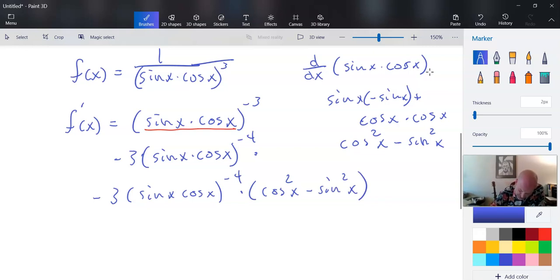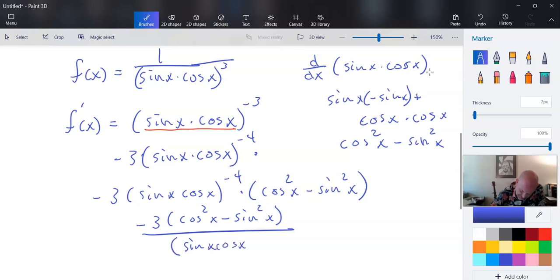I'm going to take this term and drop it to the bottom. And I should get negative 3, because that'll stay on top, times cosine squared x minus sine squared x over sine x cosine x all raised to the 4th power.